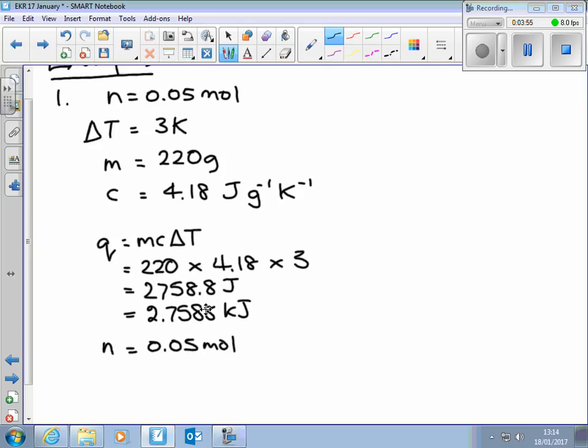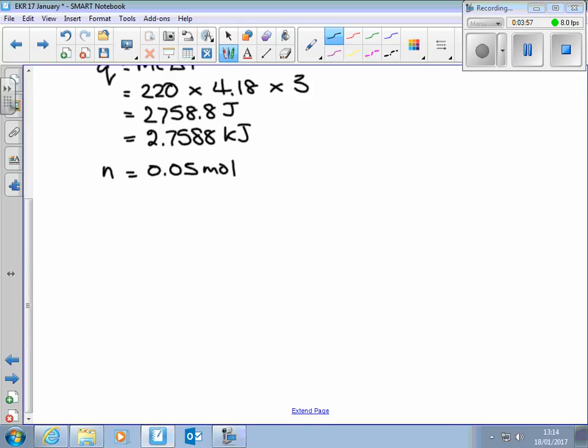So we can quite simply work out our delta H. I'm not going to put the, well, I suppose we can have delta H naught. I'm not going to give it a subscript for this. We could just have reaction, but delta H naught will do. Oh no, let's be correct about decisions. So it's the heat exchange, the heat transference, divided by the number of moles.